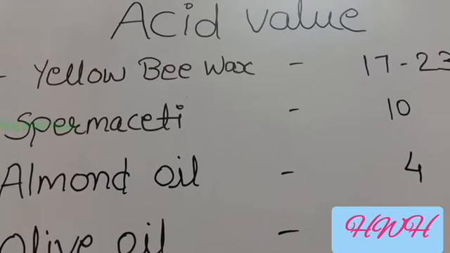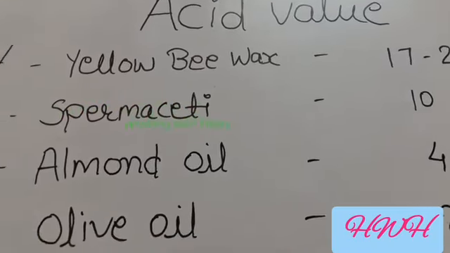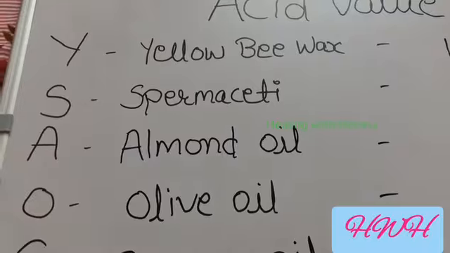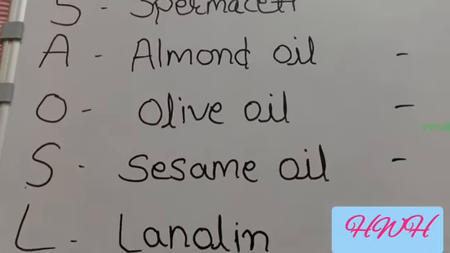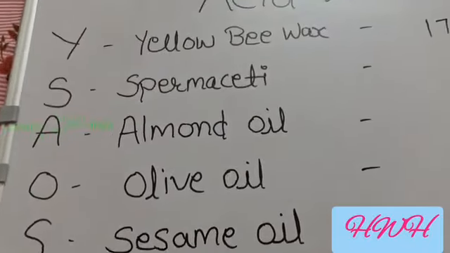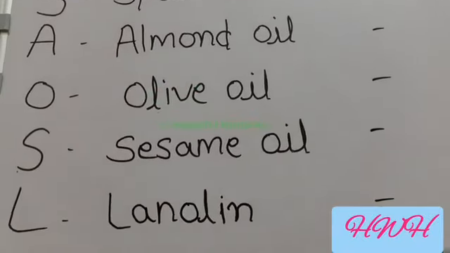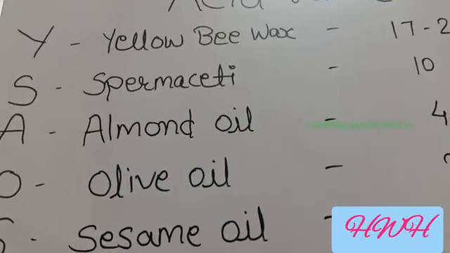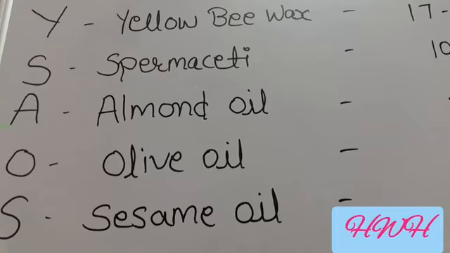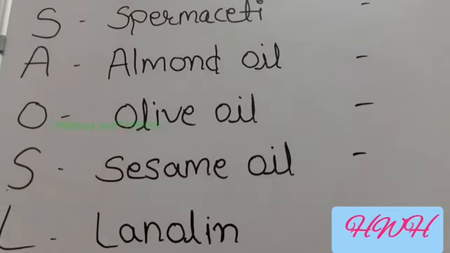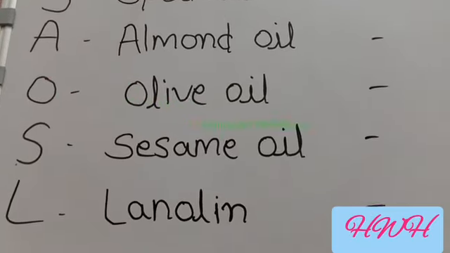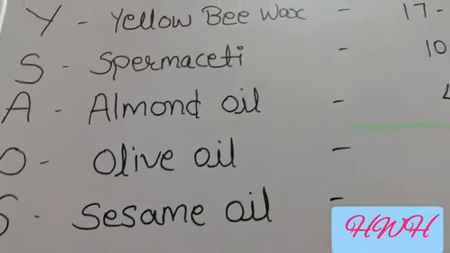So same is for acid value. Acid value you can remember by YSAOSL. Y is for yellow beeswax, S is for spermaceti, A is for almond oil, O is for olive oil, S is for sesame oil, and L is for lanolin.